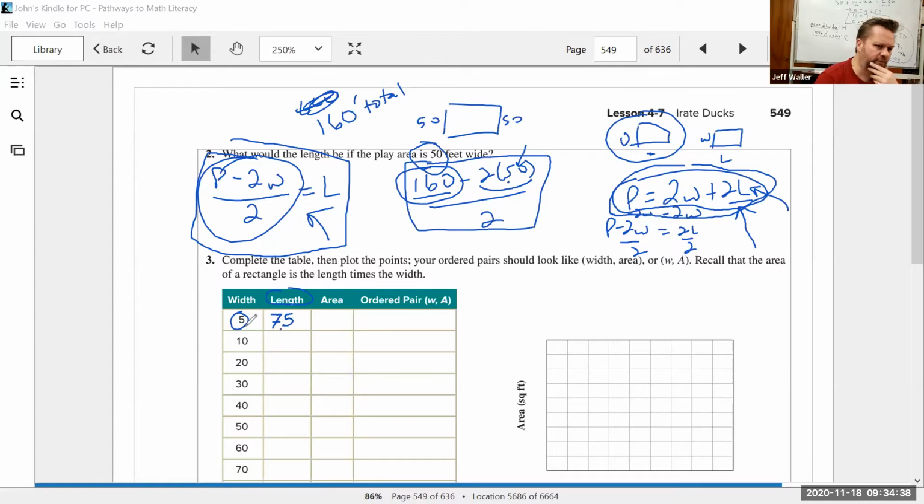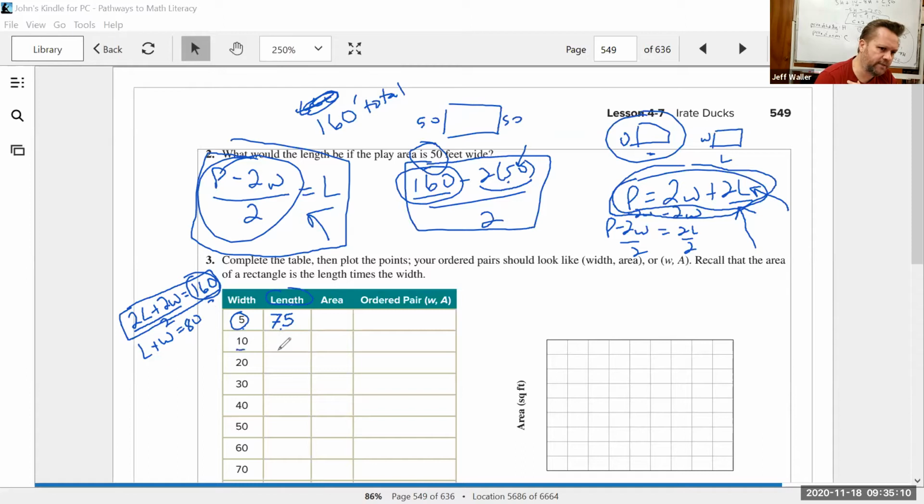What is 75 plus 5? 80. And why does that make sense? Twice the length plus twice the width has to be 160. Is everybody with me? That's true for this rectangle because he's going to use all the fencing for the perimeter. What does L plus W have to equal? 80. So that's a really good quick way.